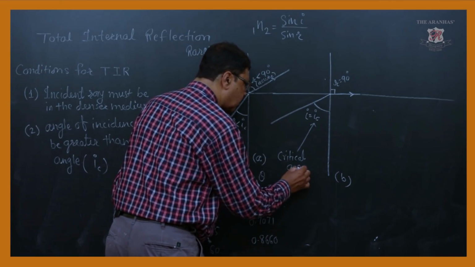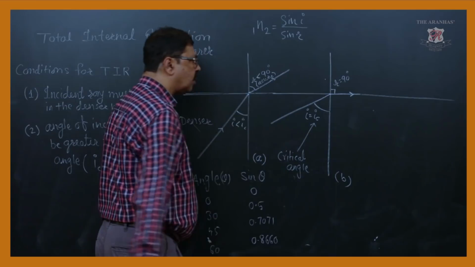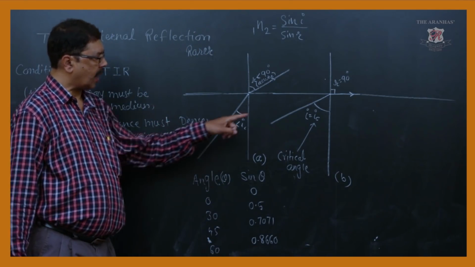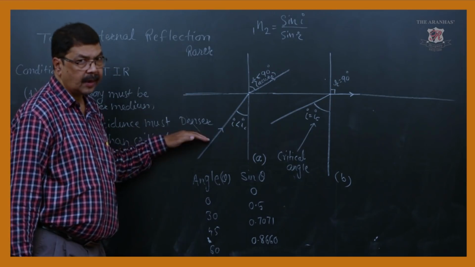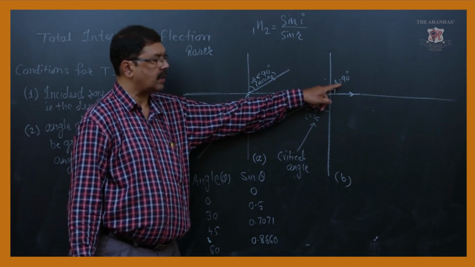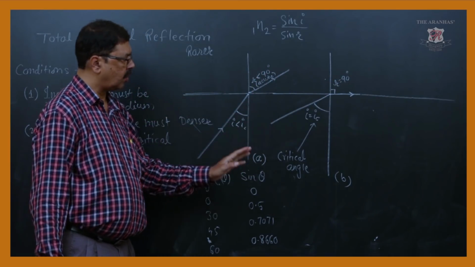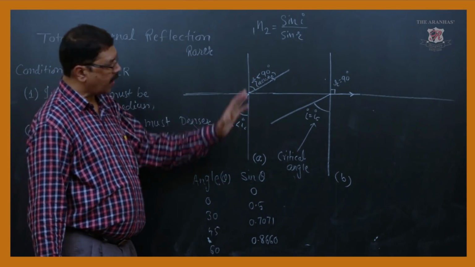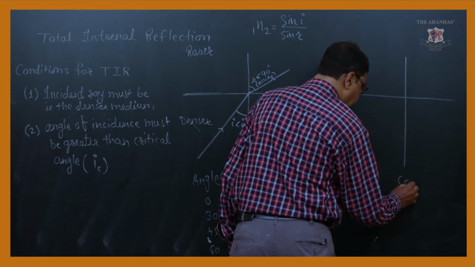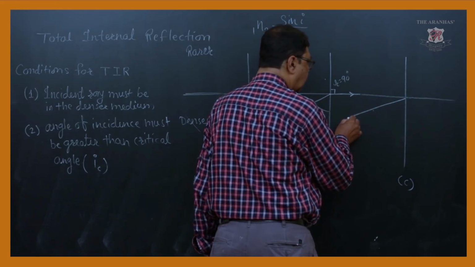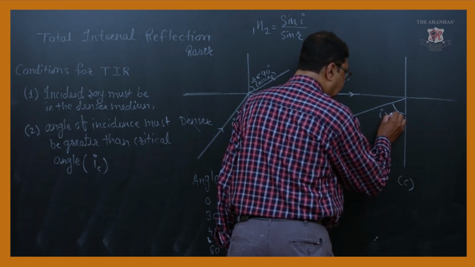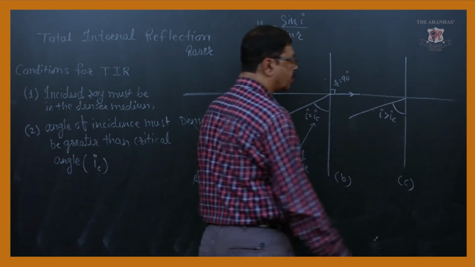What will be the definition of critical angle? Critical angle will be defined as the angle of incidence in the denser medium for which angle of refraction is 90 degree. Suppose I increase the angle further as shown in diagram C, labeling this as I greater than IC.